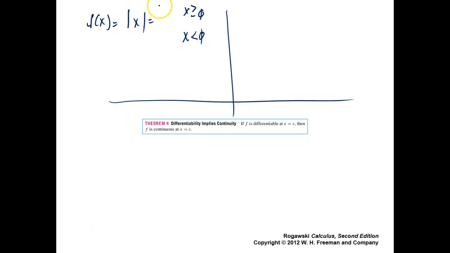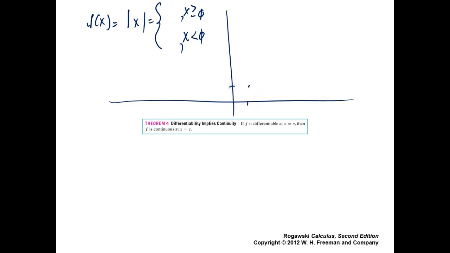Now, what are those definitions? Those are the parts of the domain we're dealing with. What is the function f of x equal to the absolute value of x when x is greater than 0? Give me a value greater than 0. 1. Okay, what is the absolute value of 1? At 1, it will be 1.